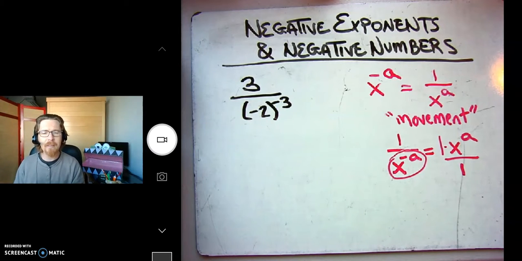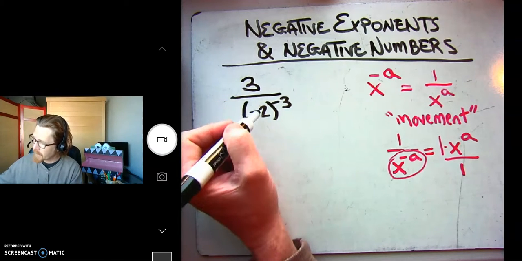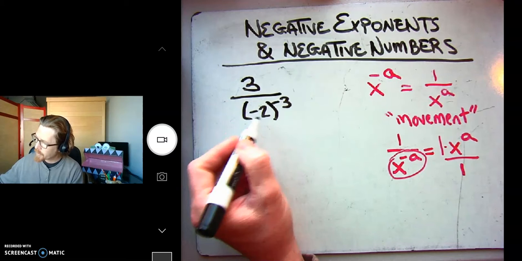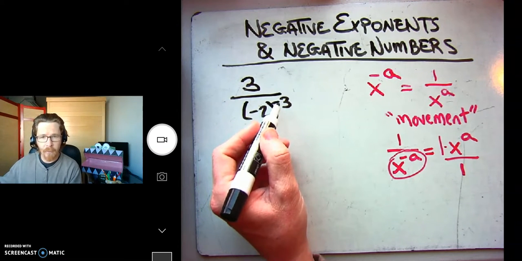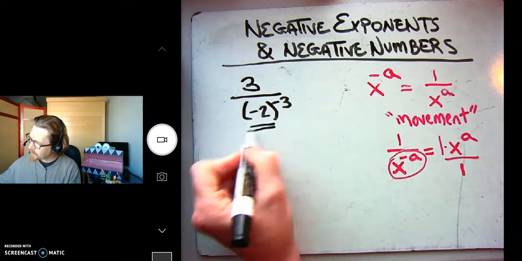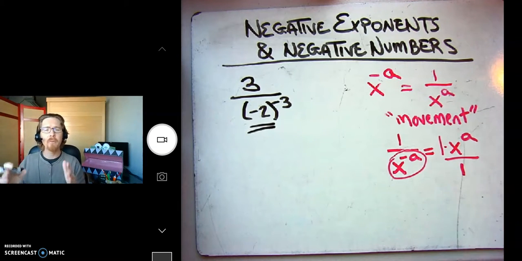So we want to simplify 3 over negative 2 to the negative 3rd power. Because this is 3 being divided, we have negative 2 in parentheses raised to a negative 3. Again, we can think of this negative 2 as that value negative 2.